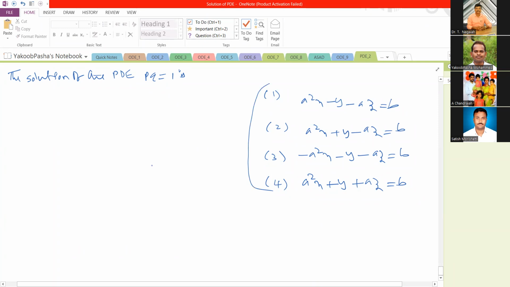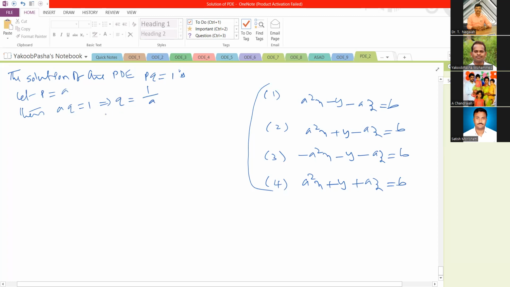Clearly this equation contains p and q. We should use Charpit's auxiliary equations. From Charpit's auxiliary equations we get p is equal to a. Then substitute in the given equation: aq is equal to 1. From this, q is equal to 1 by a.